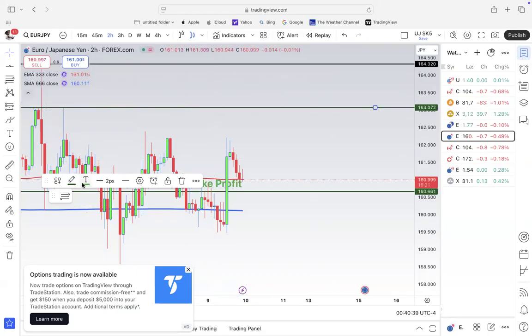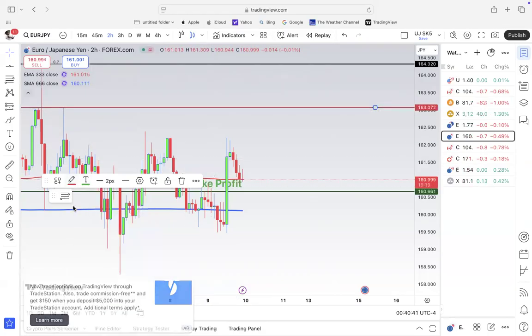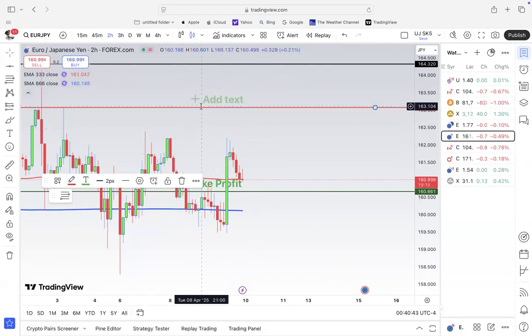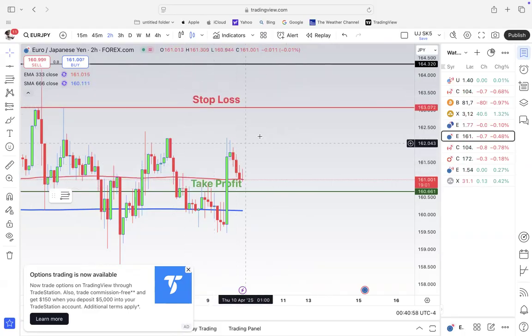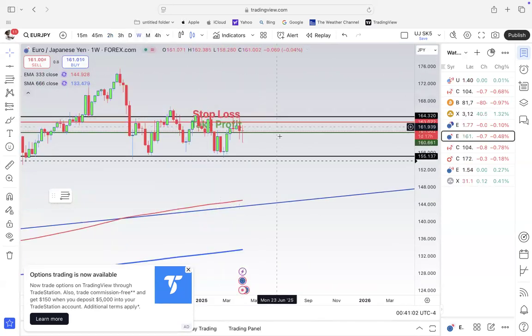But at the same time, keep in mind that if there's some news and it hits your stop loss, it's not going to feel good as far as the dollar amount that you lose. But if you are disciplined, and without news, there's no reason, especially in Forex, for the chart to move that fast and go up that high.